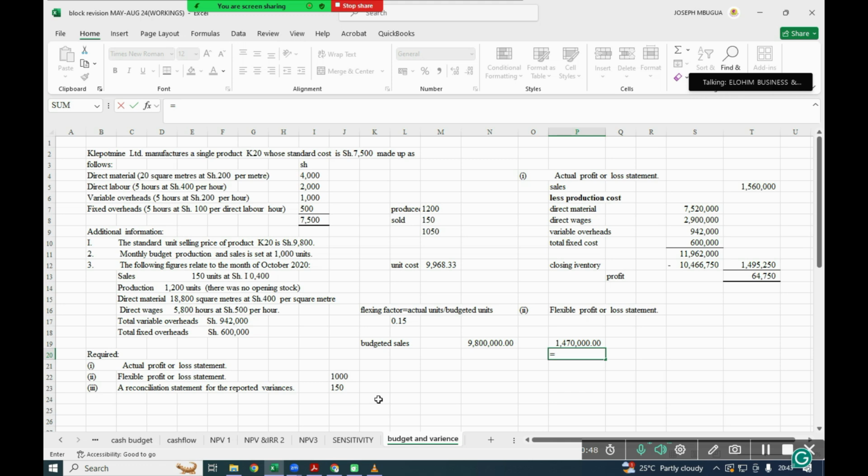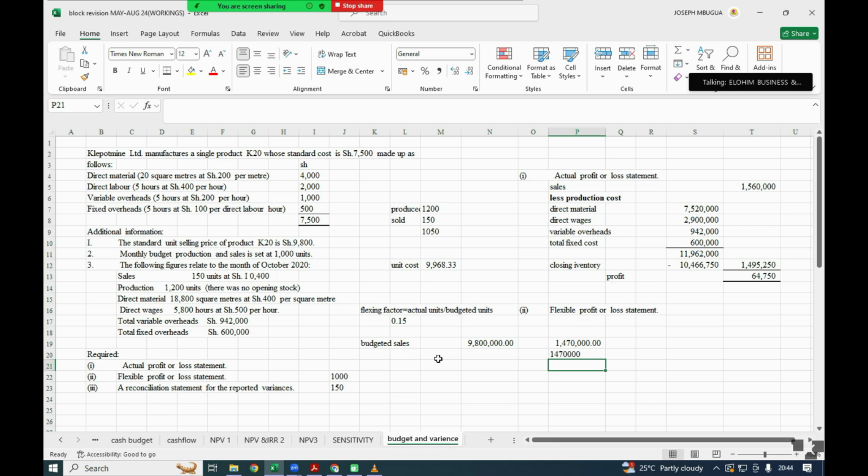So we can take what we are calling the budgeted in actual, or actual in standard. Here we are selling 150 units, but under the standard they are selling it at 98, and you'll find that it will give you the same answer of 1,470.